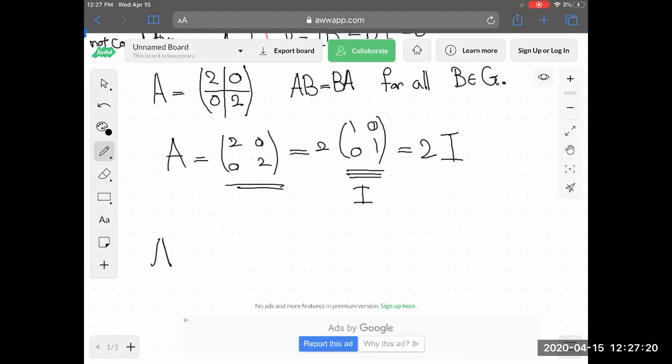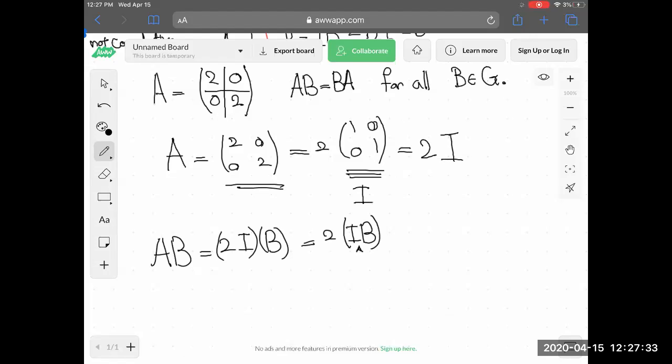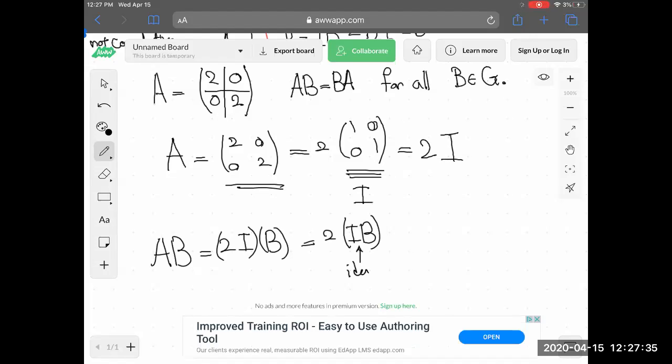So AB is 2 times I times B. But because I is the identity matrix, IB is equal to B, so it's just 2B.